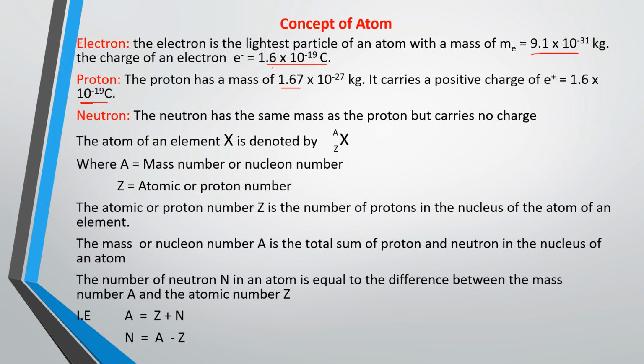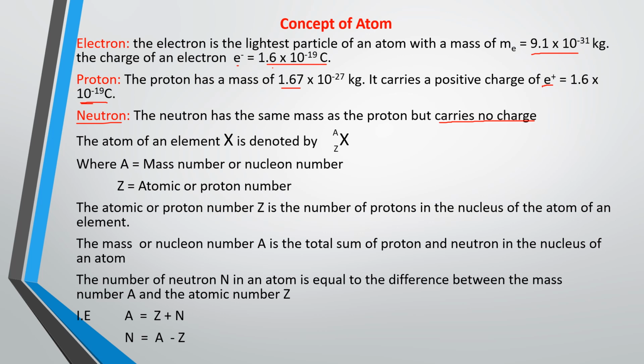So the charge on the electron is negative, while the charge on the proton is what? Positive. The neutron, on the other hand, has the same mass as the proton, but it carries no charge. So the neutron is neutral.